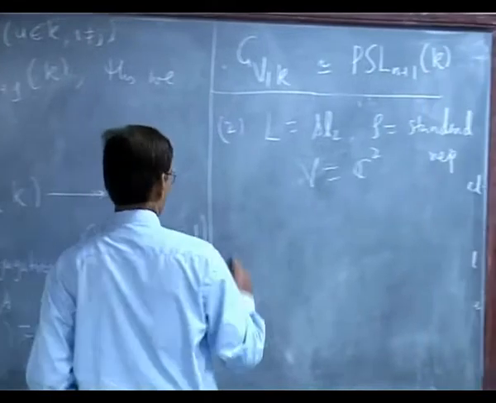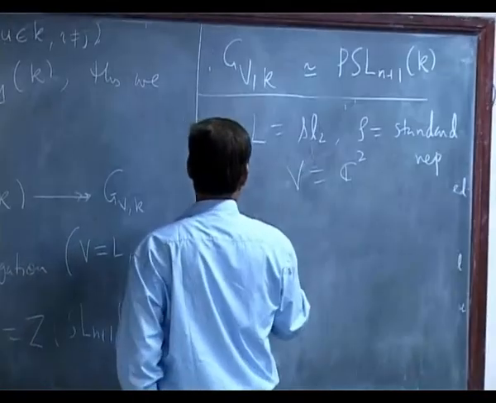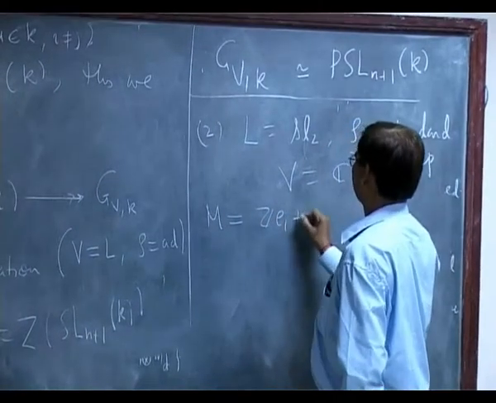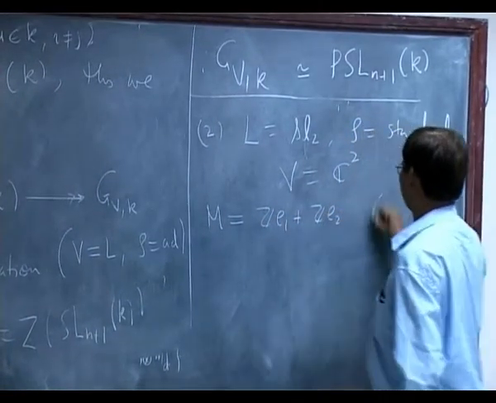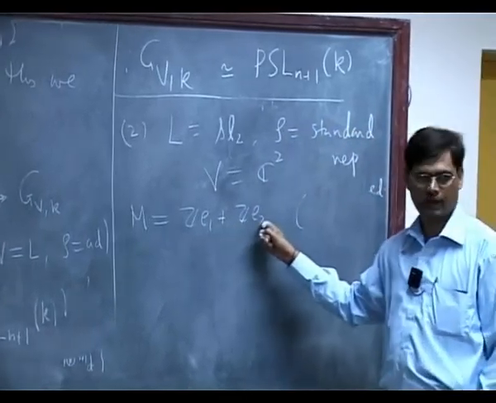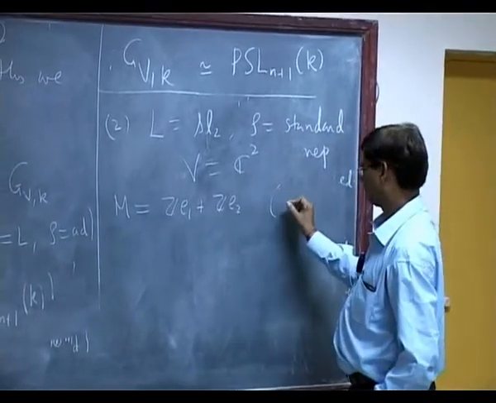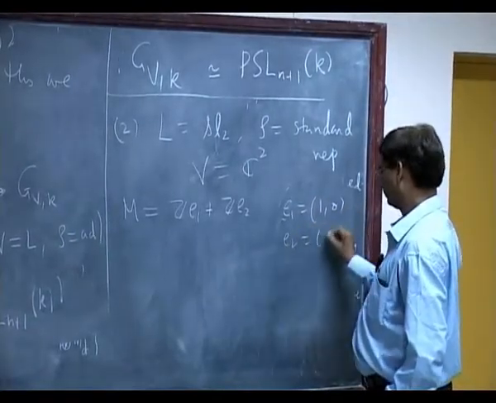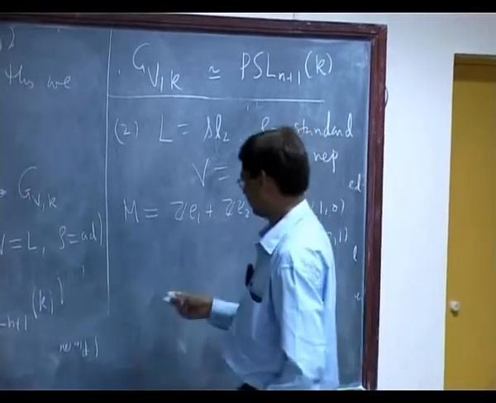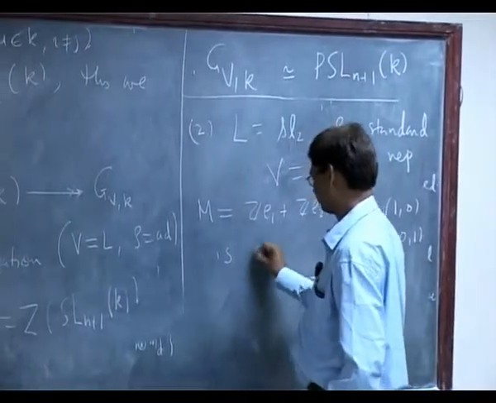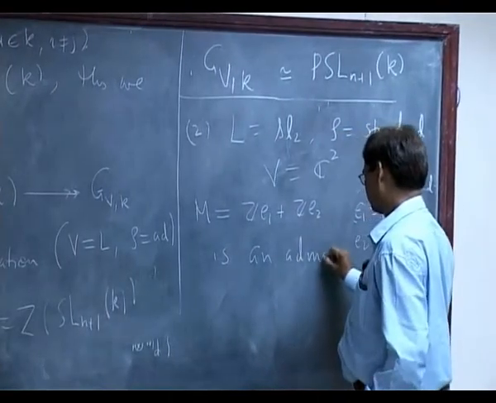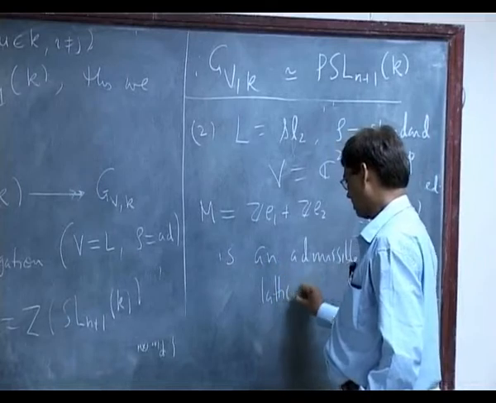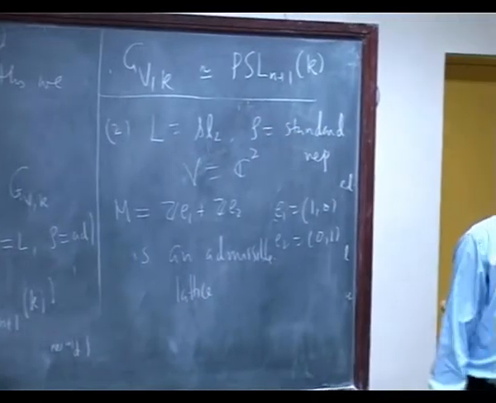Then in this case, M is Z E1 plus Z E2, where E1, E2 are the standard unit vectors, that is E1 is (1, 0) and E2 is (0, 1). You have seen that this is a lattice, an admissible lattice.